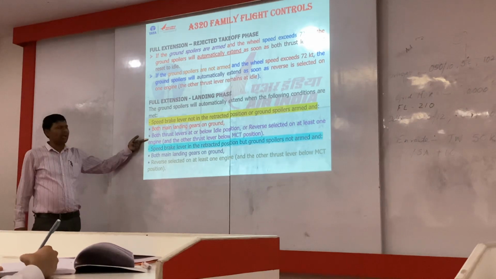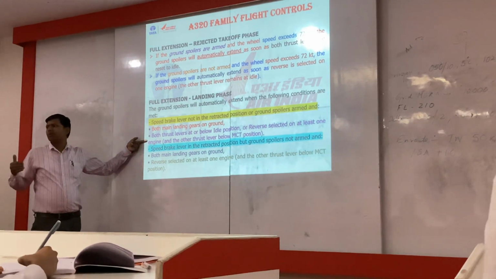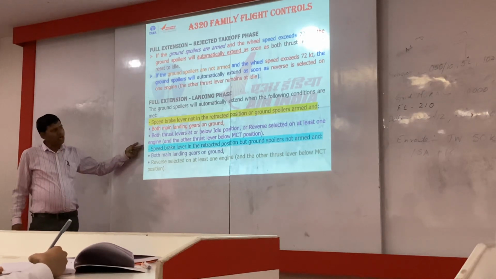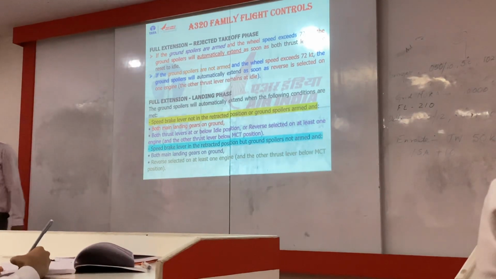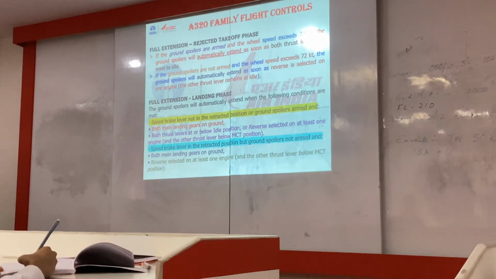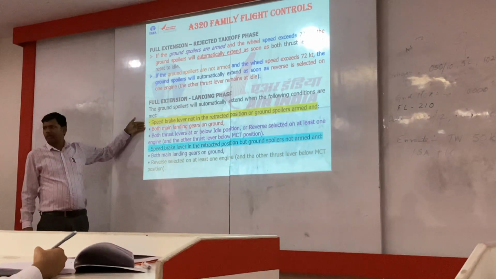Both thrust levers at or below idle position, so either idle or below, or reverse selected on at least one engine and the other thrust lever at or below idle. So basically this is the condition when you are either approaching to land or maybe in a crosswind landing, where one side has touched down and the other side has not. There could be such a possibility, and that also it takes care of.